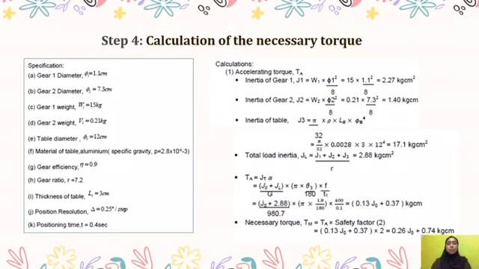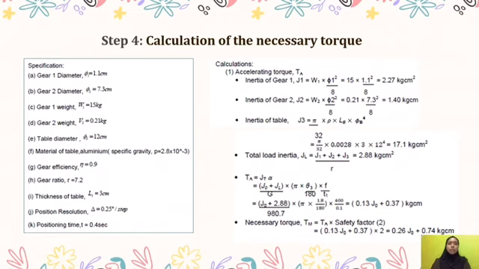For step 4, calculation of the necessary torque. Specification. A. Gear 1 diameter. B. Gear 2 diameter. C. Gear 1 weight. D. Gear 2 weight. E. Table diameter. F. Material of table, aluminium. Specific gravity P equal to 2.8 multiply 10 to the minus 3.